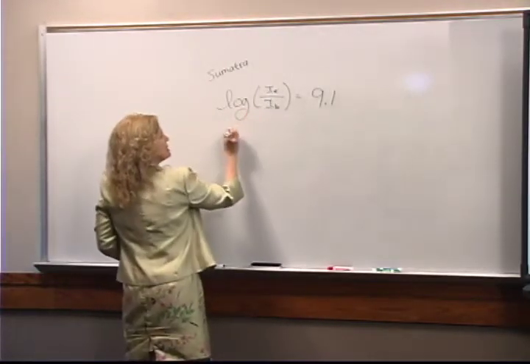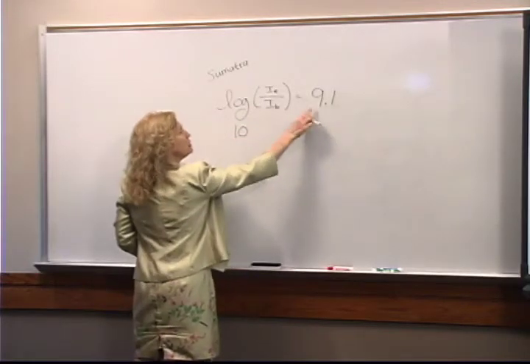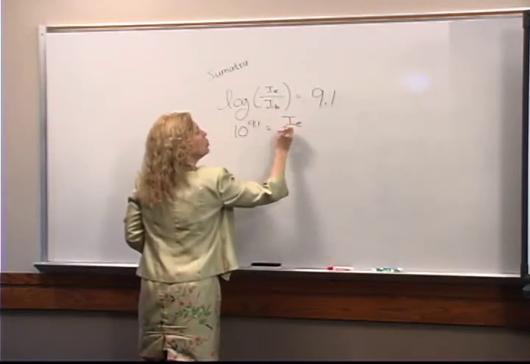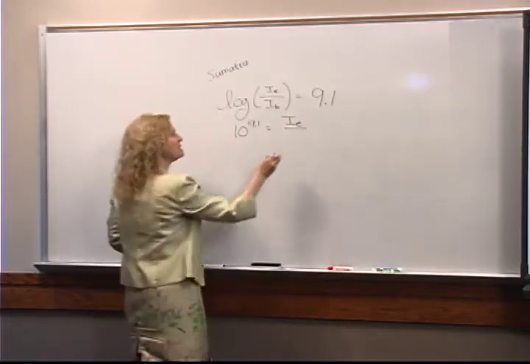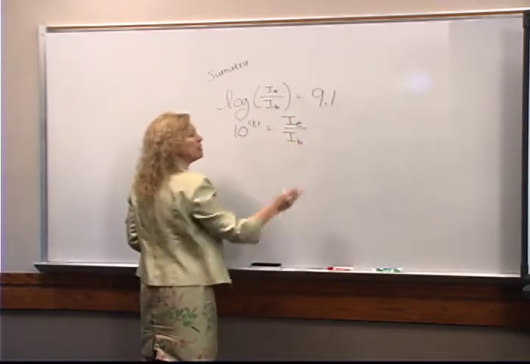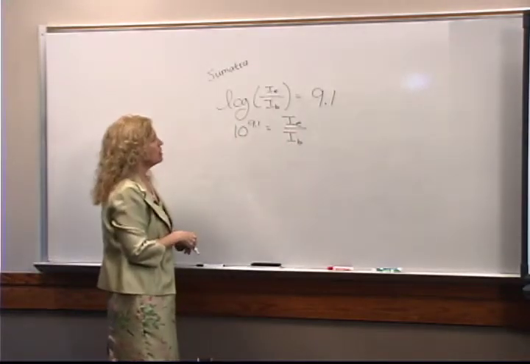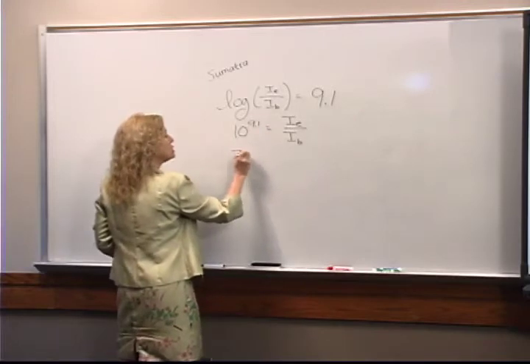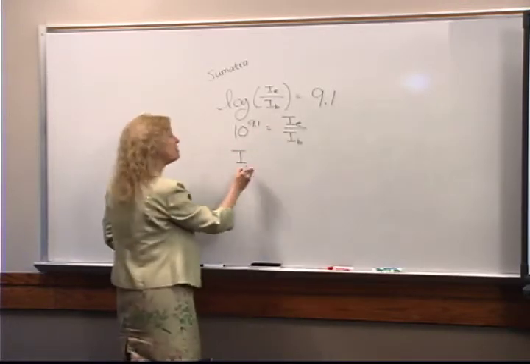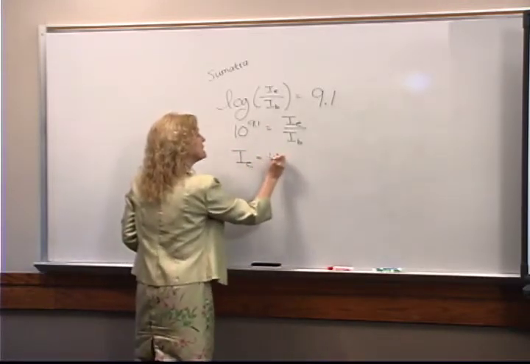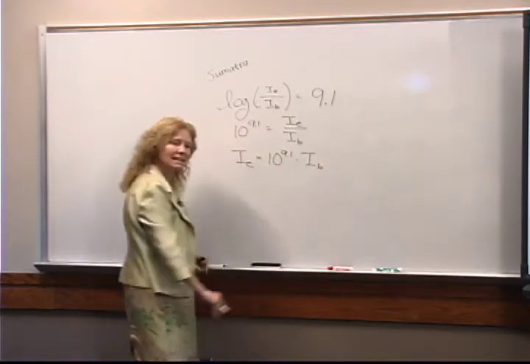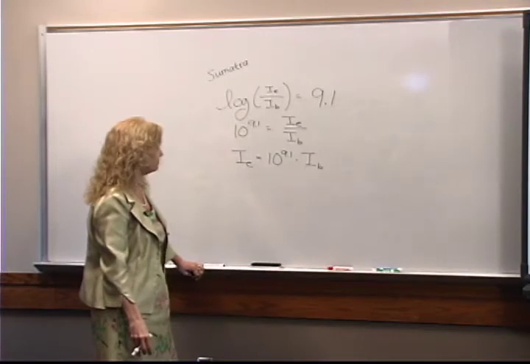Since this is base 10, 10 raised to the 9.1 is going to equal the intensity of that event compared to the intensity of the baseline. Now, I don't know either of those values, but what I can do is say the intensity of the event is approximately 10 to the 9.1 times the intensity of that baseline.